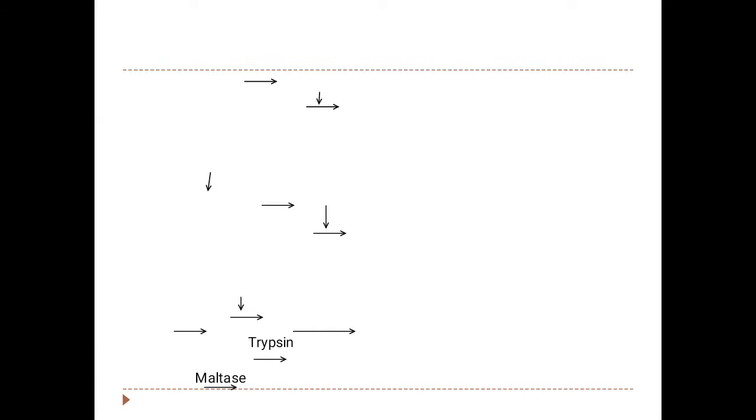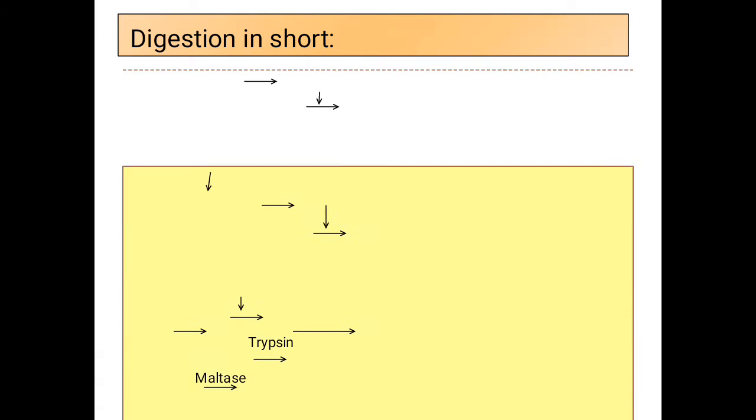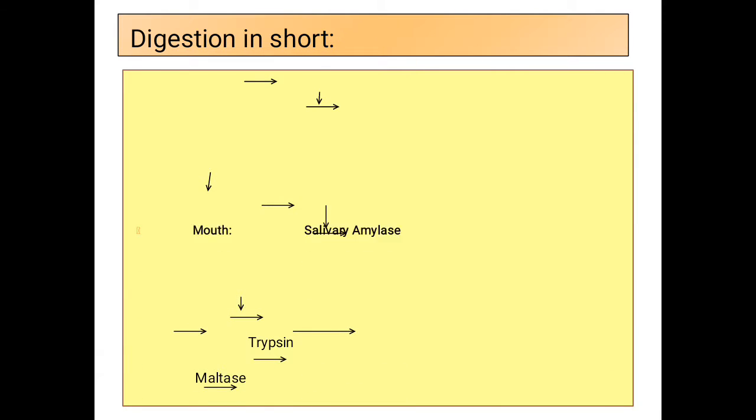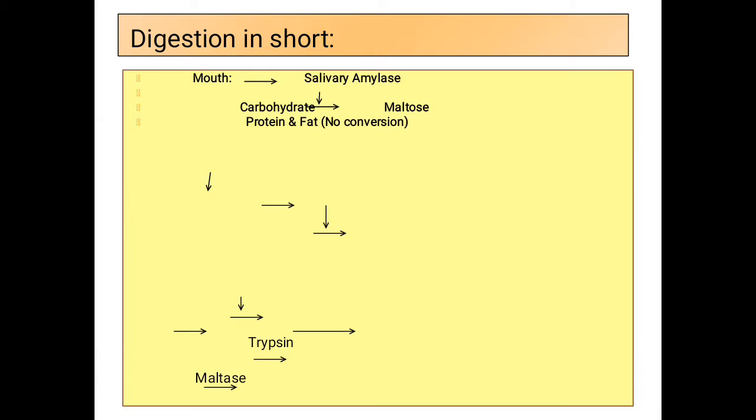So we will take a review of digestion. First of all, when the food enters the buccal cavity through the mouth, salivary amylase is secreted and converts carbohydrate into maltose, and there is no conversion of protein and fat.